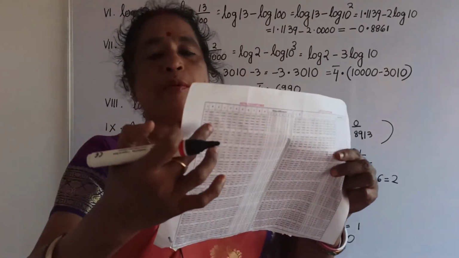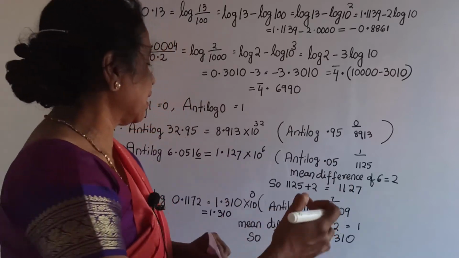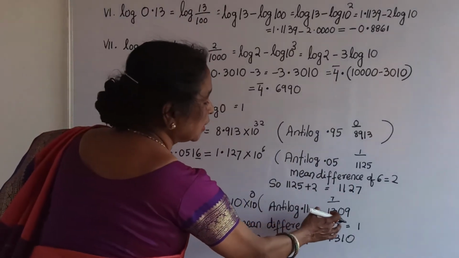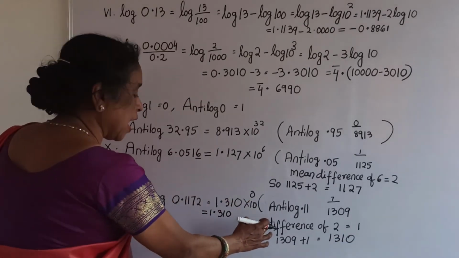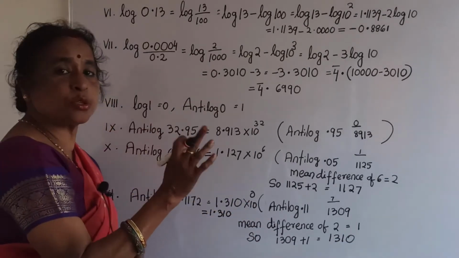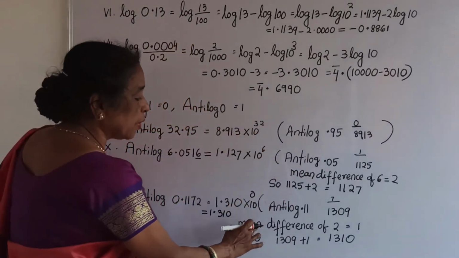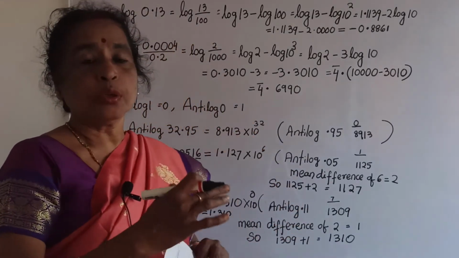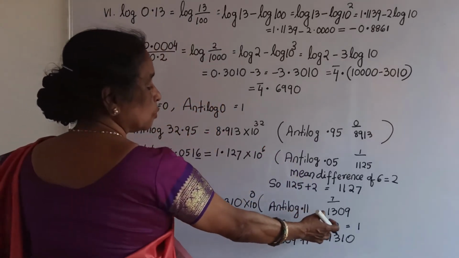So for anti-log of 0.11 and 7, the value written is 1309. But after 7 there is one more digit, that is 2. So you should find the mean difference of 2, that is equal to 1.